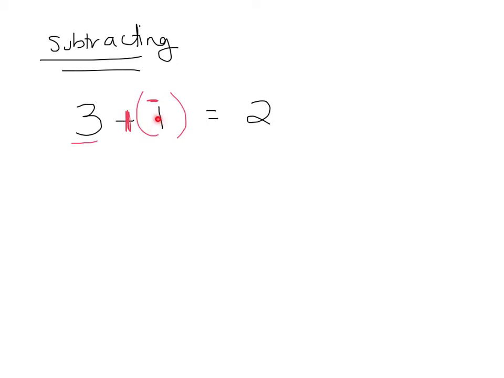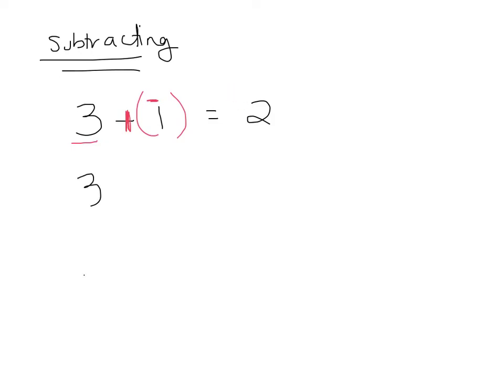So if I'm subtracting a positive number, it becomes adding a negative number. Okay, and then I would follow the rules. Since 3 and negative 1 have different signs, I do 3 minus 1 to get 2. The 3 is larger than the 1, the 3 is positive, so my answer is also going to be positive.